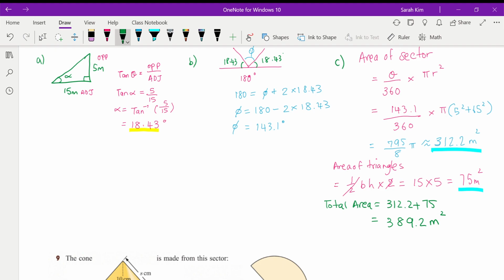Oh, I did. 387.2 metres squared, which is approximately the same answer.